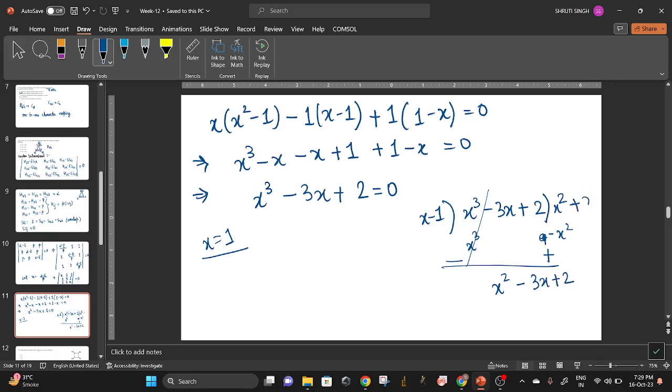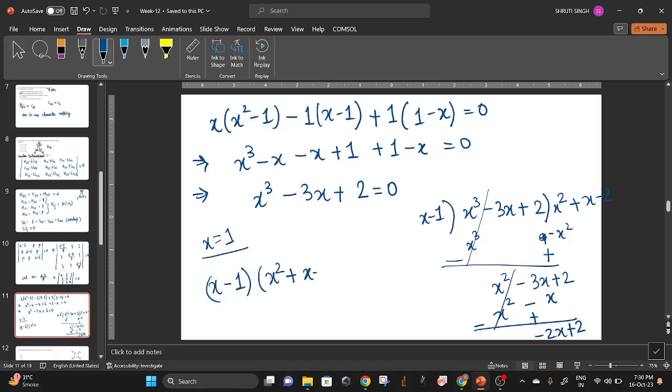Next term I'll put plus x. So this will be x square minus x. So on dividing, this will go. This will be minus 2x plus 2, and minus 2 will satisfy this. So the other roots are like this, x square plus x minus 2 equals to 0.